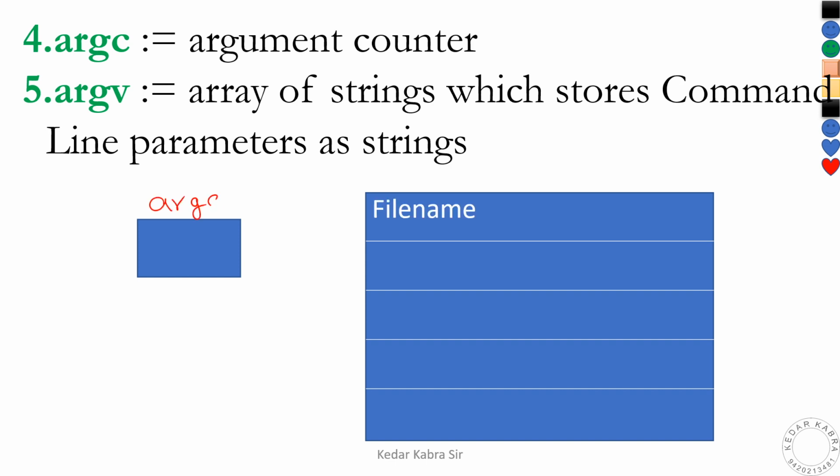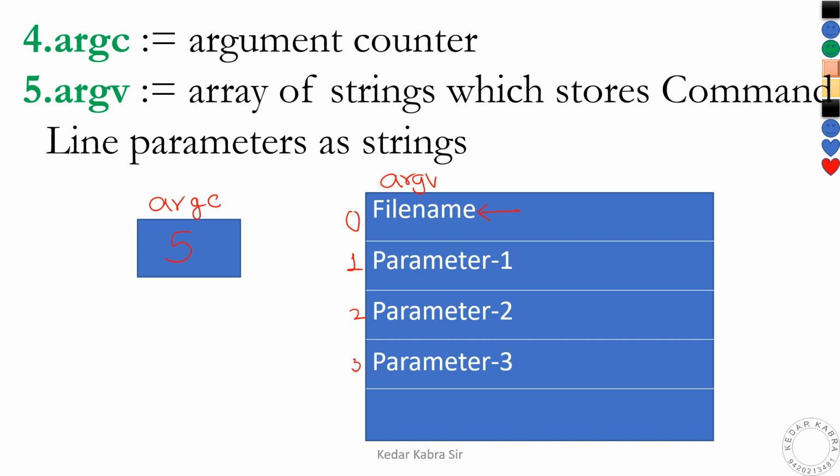It will contain the count of parameters. Suppose I have typed 5 parameters including the file name on the command line, then the count will be 5. The first parameter in argv, the array of strings, that is argv[0], will be the file name, the output file name that we have executed. Then the second will be parameter 1, then parameter 2, then parameter 3, and then parameter 4.